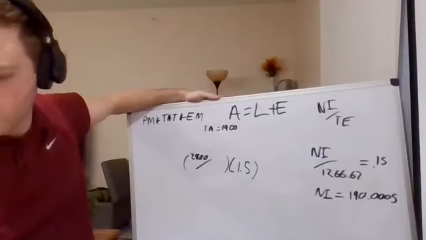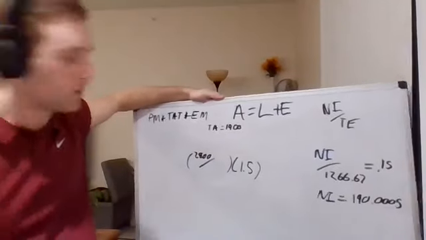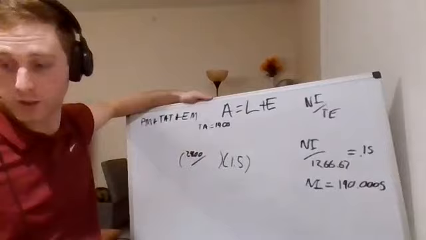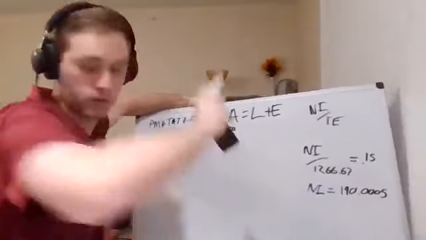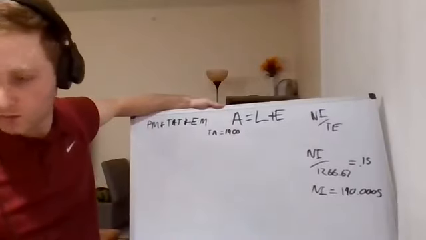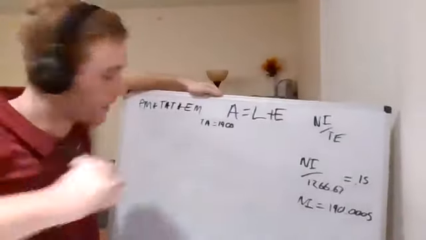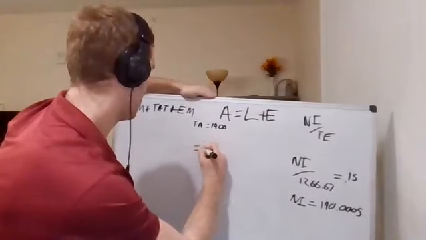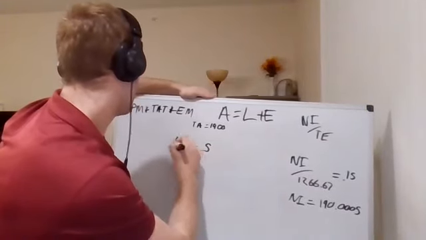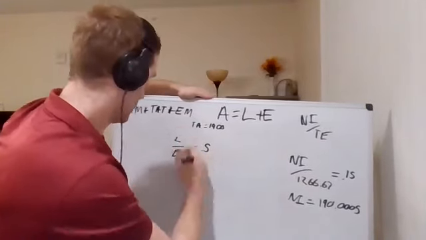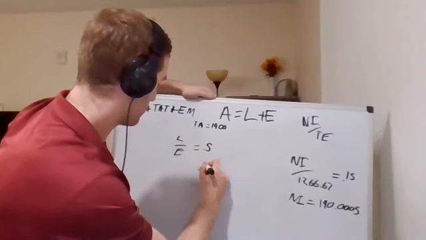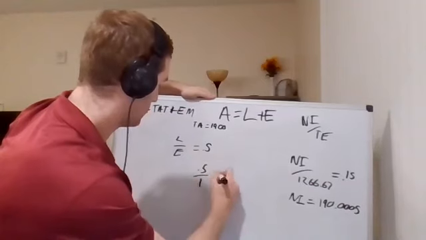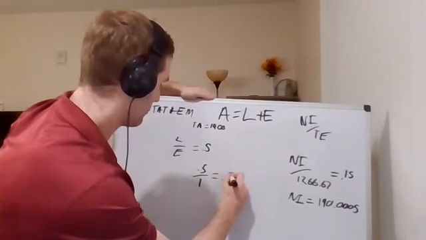Total assets divided by total equity. All right, let's work through this real quick and see if we can. Our debt to equity ratio is 0.5, right? That's L over E. Anything divided by 1 is what it is, so 0.5 divided by 1 equals 0.5.